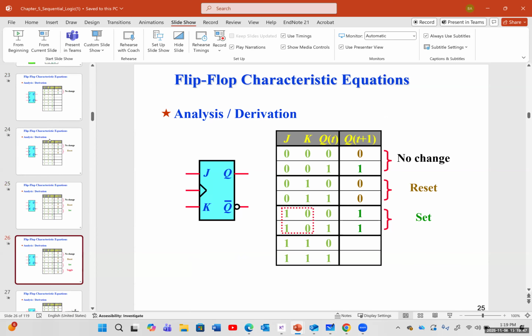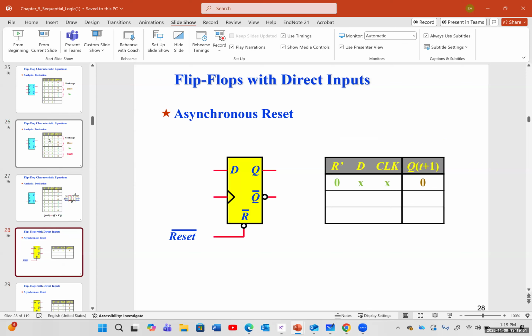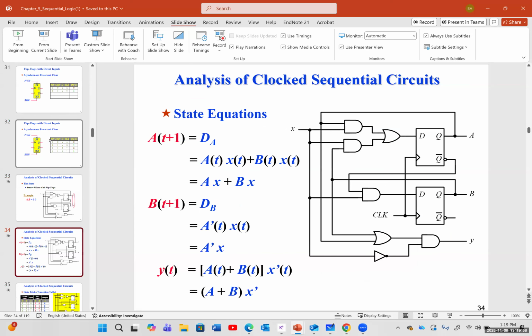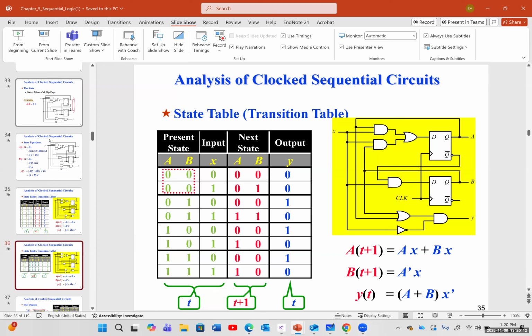Now, we also spoke about the different characteristics of different flip-flops, and we solved some problems using their truth table. We also did an analysis of clocked sequential circuits and how we analyze them using a transition table. And we solved the problem for this as well.